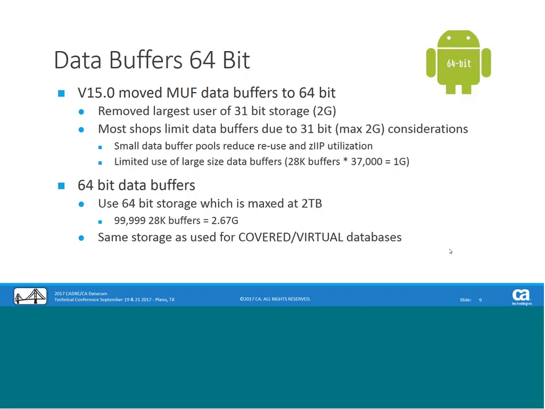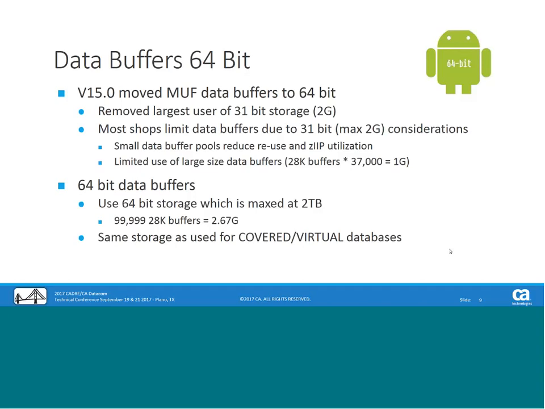It's one of those things of balancing how many buffers you should have versus how much activity or reuse you have. With the 64-bit data buffers, we want to make note that you are using the same storage that you use for covered and virtual databases. So if you are going to move your data buffers and significantly increase the number of data buffers you have, make sure that you have the 64-bit mem limit set to either 0, unlimited or no limit, or to a larger size.